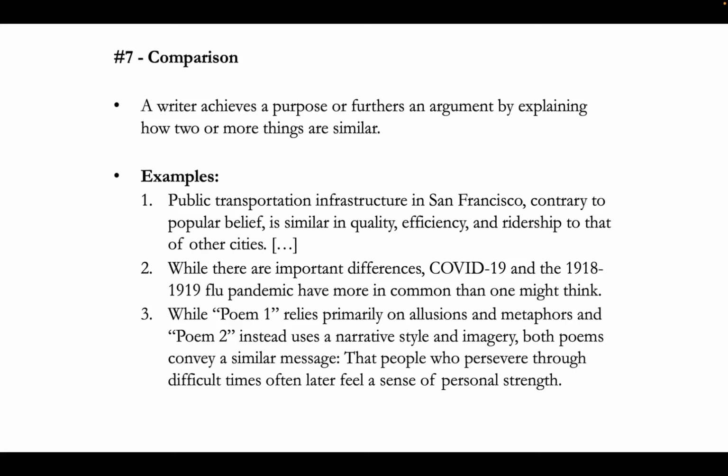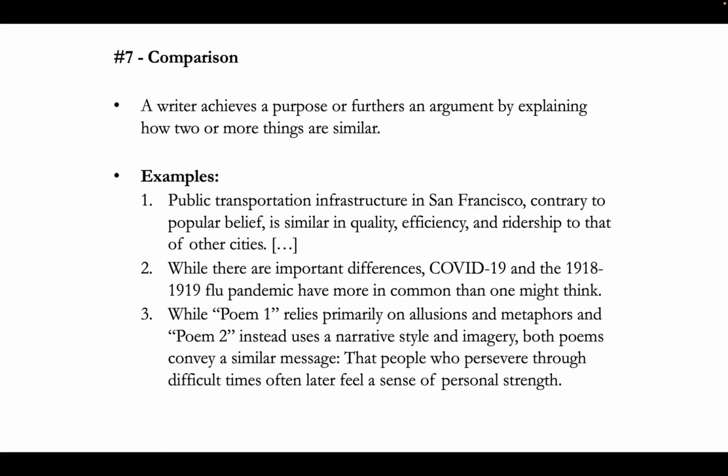While Poem 1 relies primarily on allusions and metaphors, Poem 2 instead uses a narrative style and imagery, right? Both poems convey a similar message, that people who persevere through difficult times often later feel a sense of personal strength.